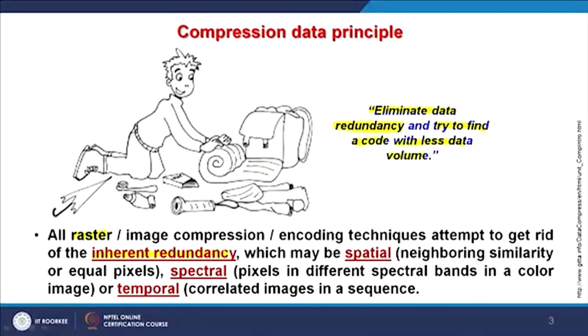So basically what is done is that similarity is searched in the neighborhood, and equal pixels or cells having the same value are stored by giving a code, in a manner that they will require less space.